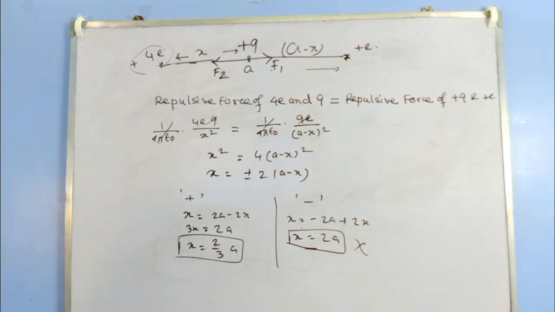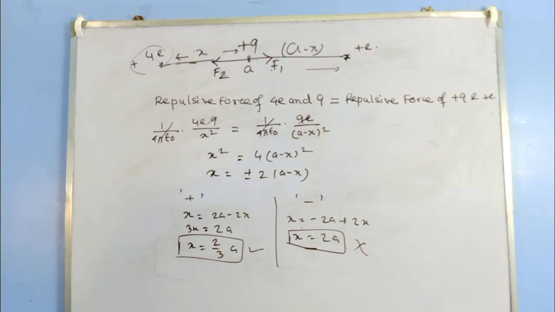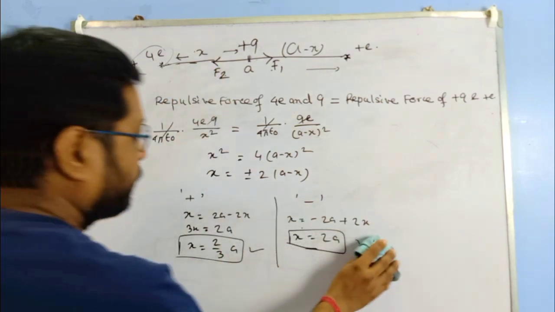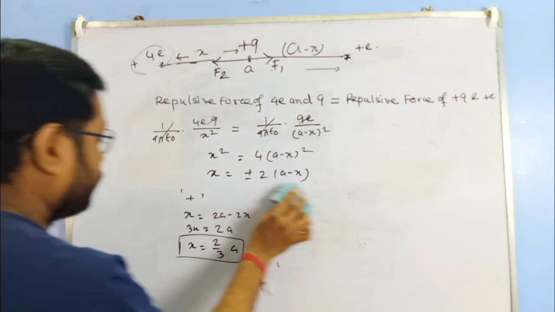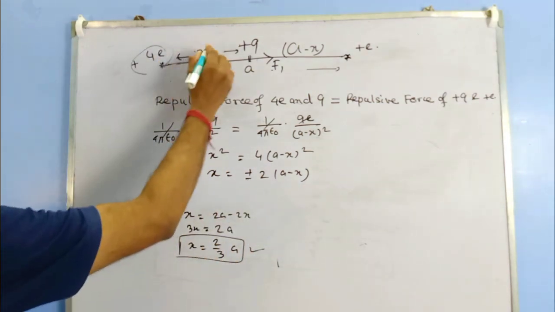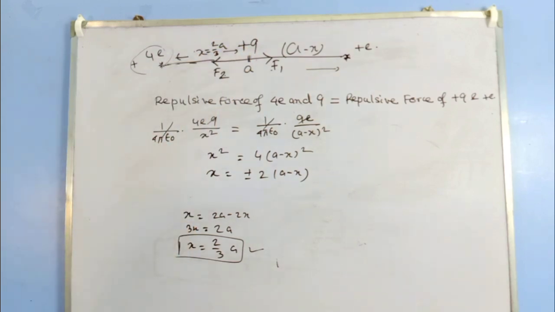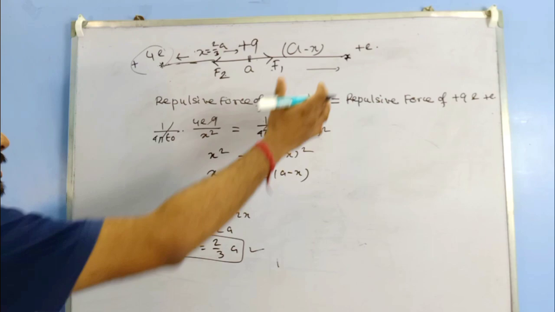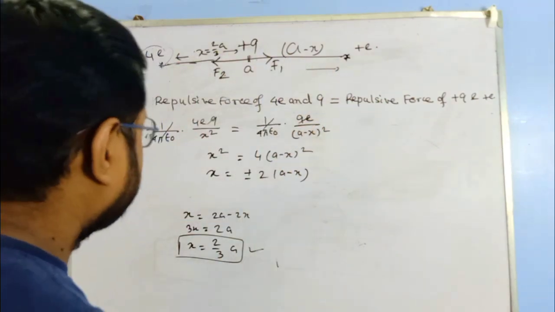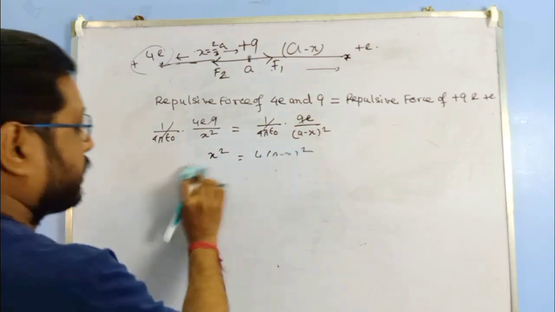So x equals 2/3 a, that is, the charge q is placed at a distance of 2/3 of the total distance a from the 4e particle. Now, what are stable and unstable equilibrium?